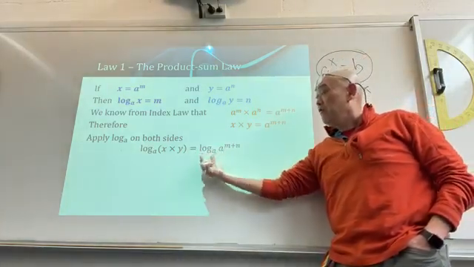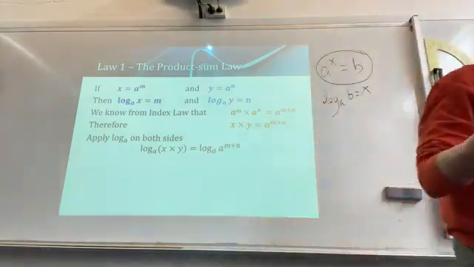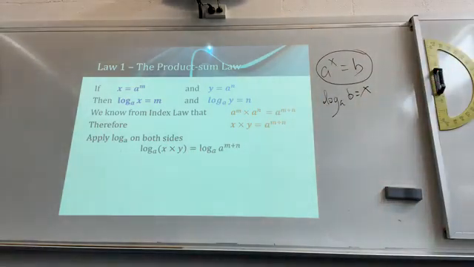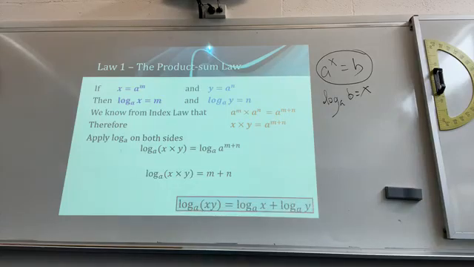So what is log base a of a to the power of m plus n? It's m plus n only. So here you need to know log x times y equals m plus n. Alright? This is the first law that you need to know. Log base a of xy equals log base a of x plus log base a of y.